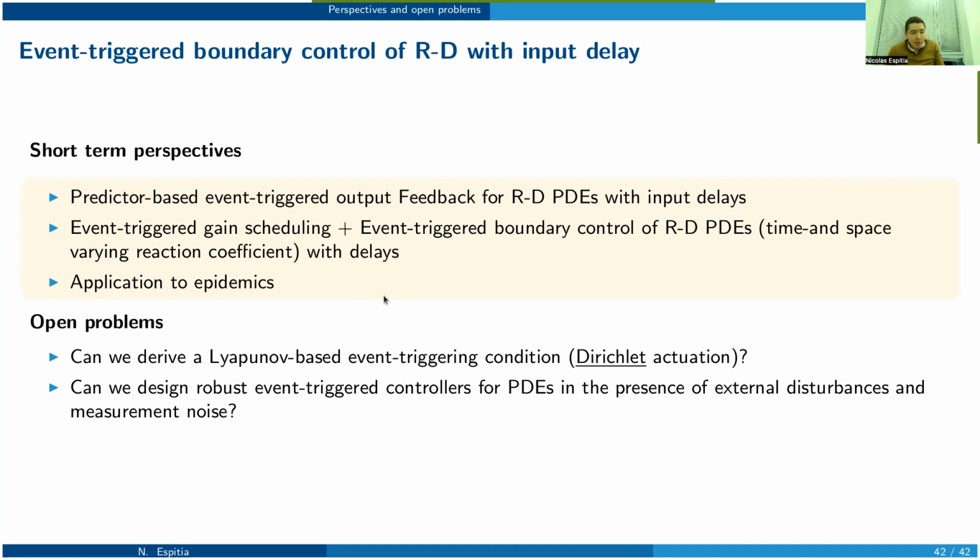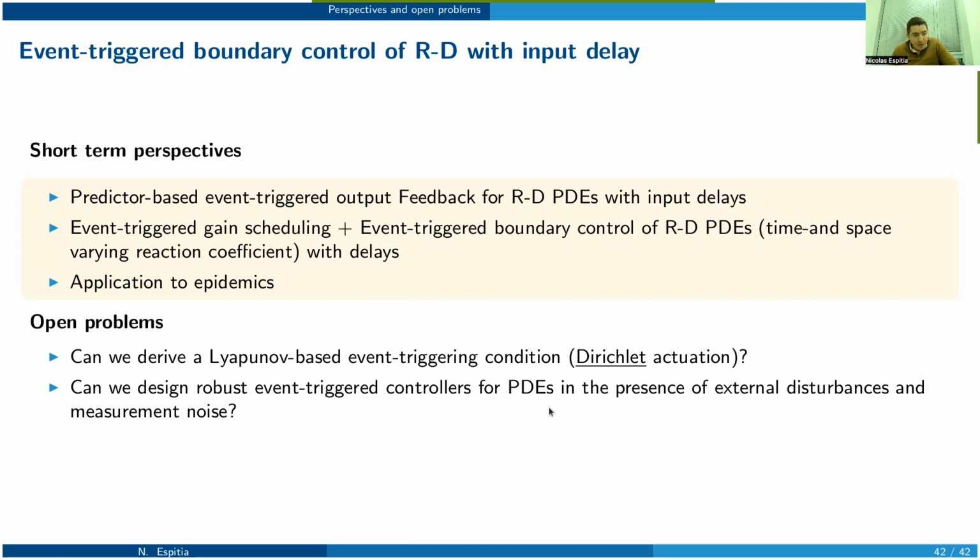And here I would like to point out a couple of open problems. One of them is, can we derive a Lyapunov-based event triggering condition in the case we consider actuation and disturbance at the boundary? As I said, as far as I know, perhaps I should be asking Andre if the scenario has changed, there is still the lack of an ISS coercive Lyapunov function.